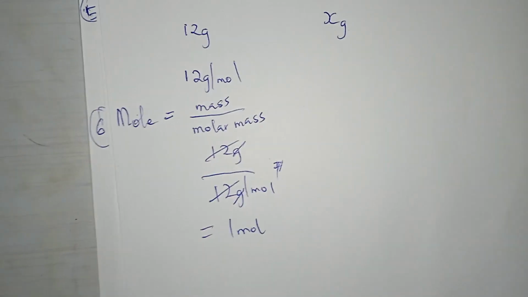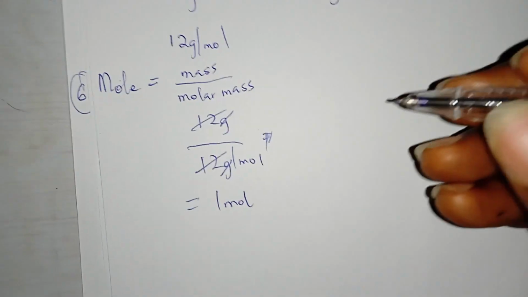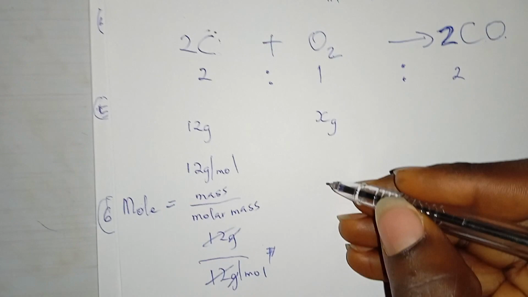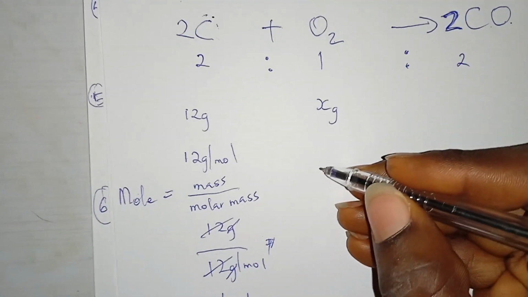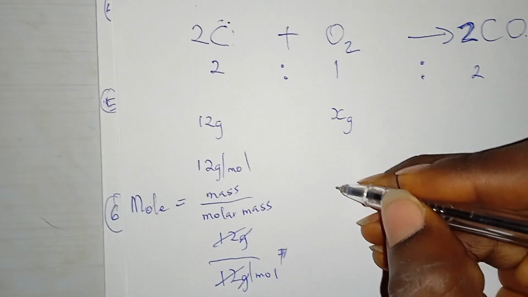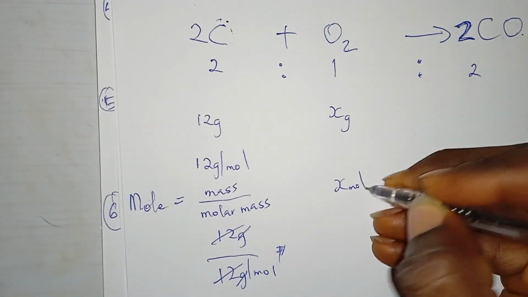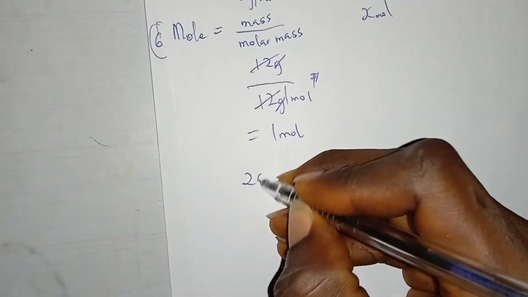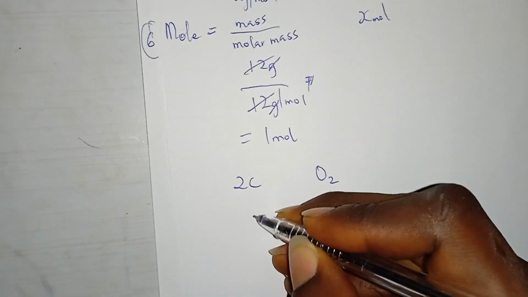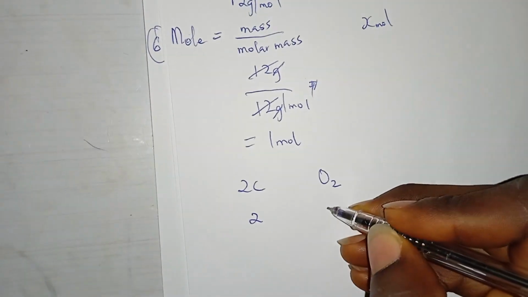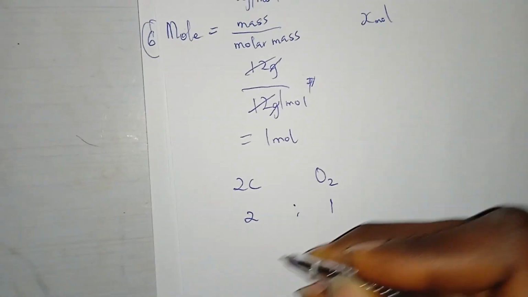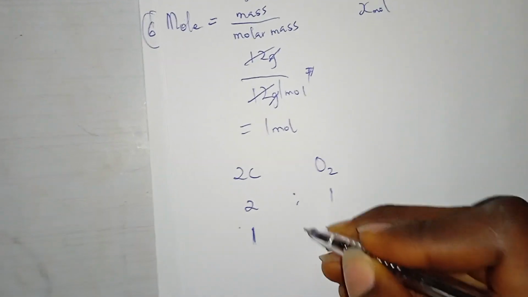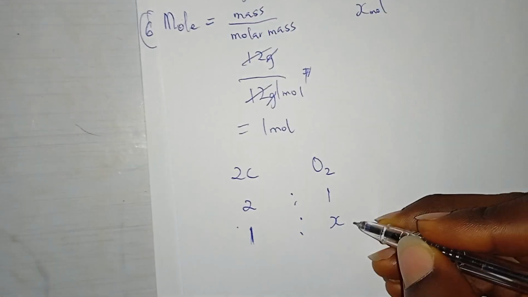So if I have just one mole for carbon, for oxygen I don't have anything for the mole, so I have x mole. Let me bring it down. Carbon against O2, the coefficient gives me 2:1. Then with what I'm given, I have 1 mole is to x mole.